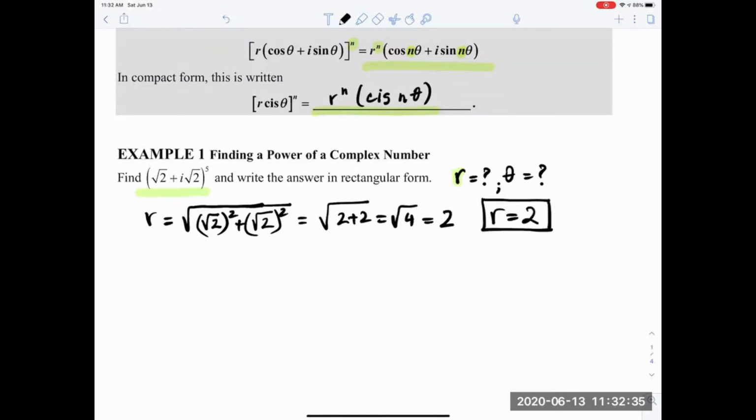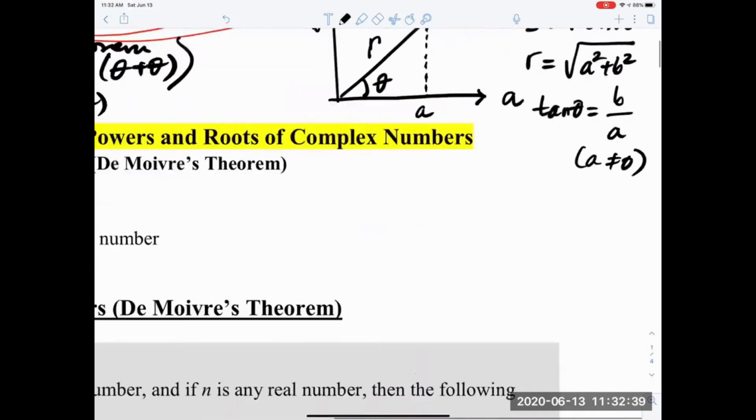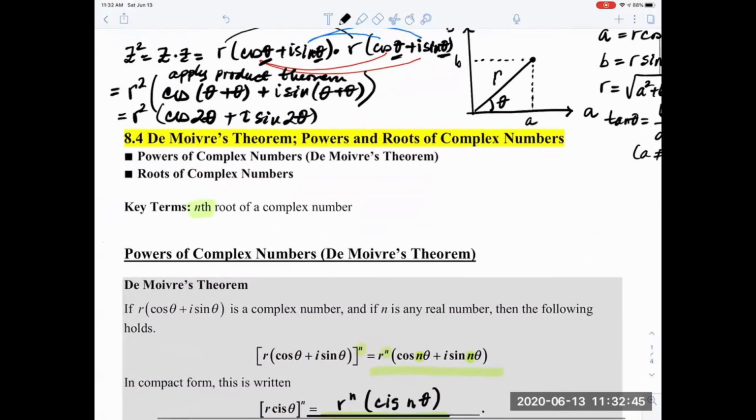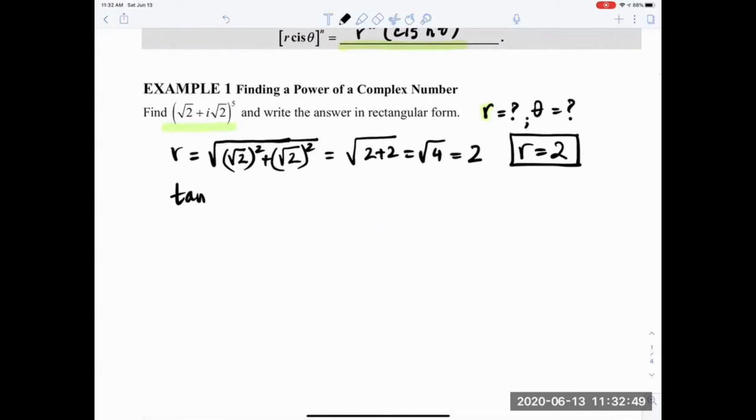Now, what's the easiest way to find theta? As I said before, in our review right here, if you take the tangent of theta, meaning equal to the y component over the x component, well, we're going to do just that. Tangent of theta, in our case, is equal to root of 2 over root of 2. Those are actually equal. And that is equal to 1.